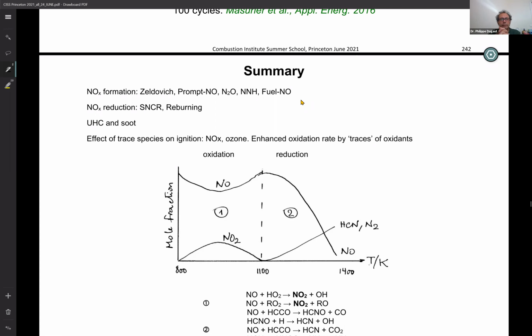We've presented the reduction of NO by two different processes. The first one is the selective non-catalytic reduction of NO, where we use ammonia, which interacts with NO through the formation of NH2 and NH, that by reaction with NO form molecular nitrogen.